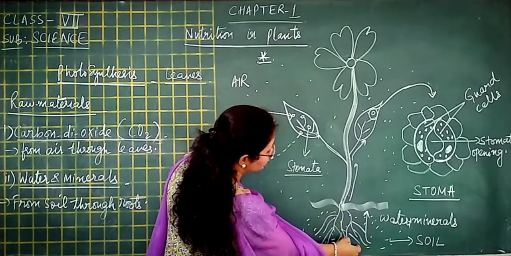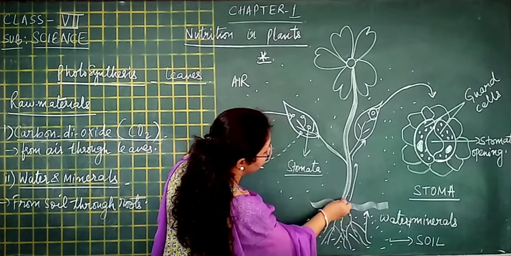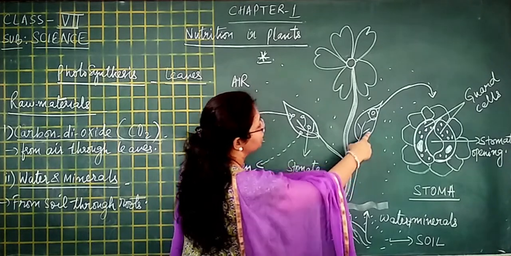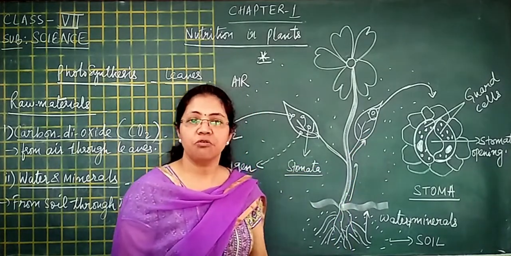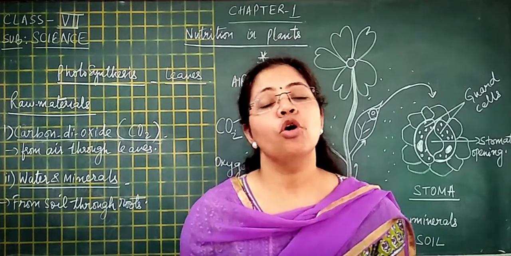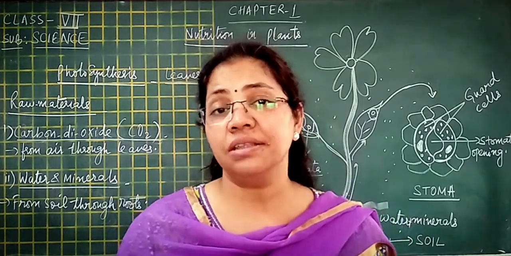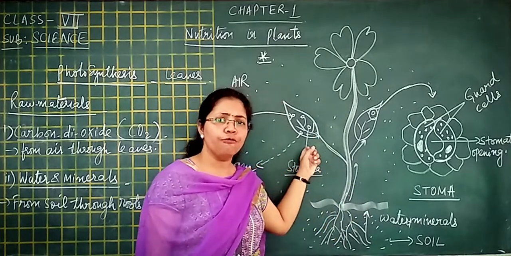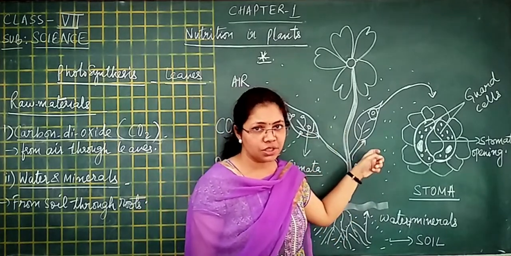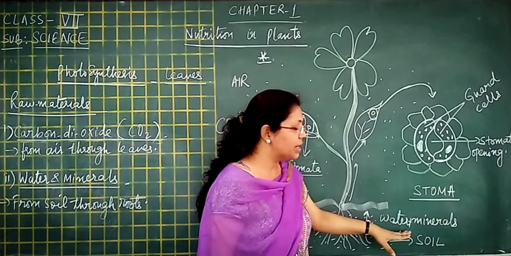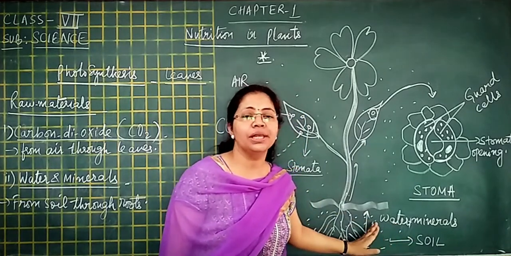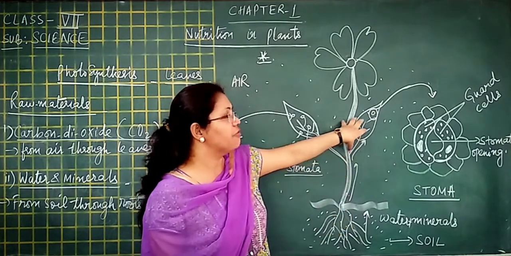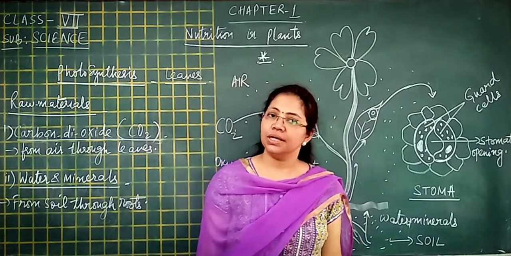So, from roots, this mineral solution reaches the stem, and from the stem, it finally reaches the leaves, where these are needed for the process of photosynthesis. Right? So, CO2 from air reaches the leaves through stomata, and water and minerals from the soil reach the leaves through roots, stem, and finally through the midrib of the leaf.